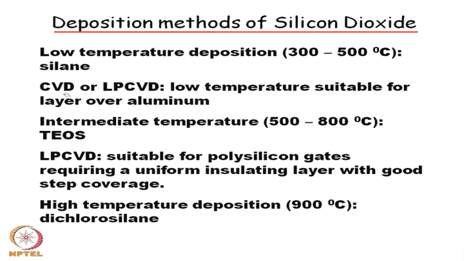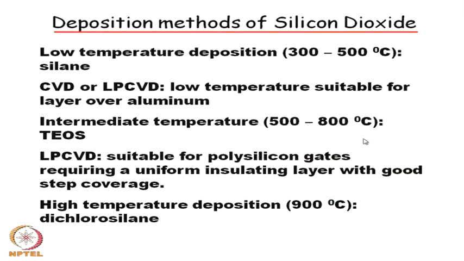CVD, either atmospheric pressure, or low pressure or reduced pressure CVD, LPCVD, are used for low temperature. However, for intermediate temperature one must use LPCVD, the atmospheric pressure CVD is not used, and obviously for high temperature deposition, around 900 degree centigrade, dichlorosilane is used.